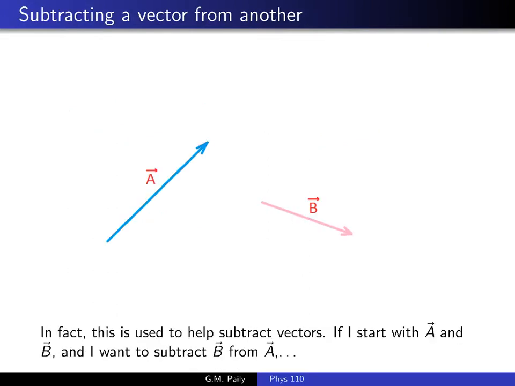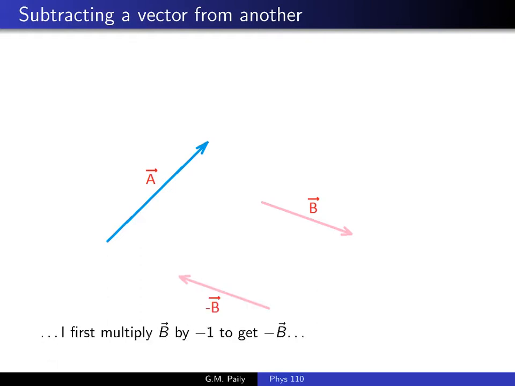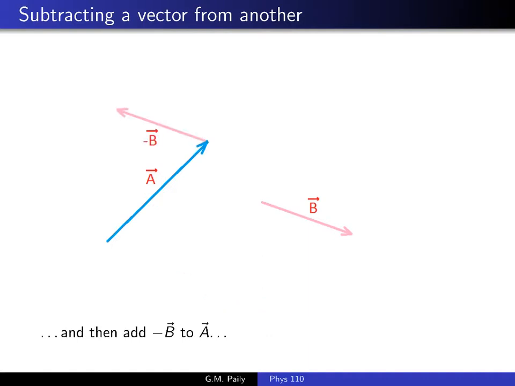We can use this to subtract two vectors. If I want to subtract b from a, in other words, if I want to do a minus b, I first take b and multiply it by minus 1 to get minus b. And now I add minus b to a. So I have taken the minus b vector, I just moved it over here.